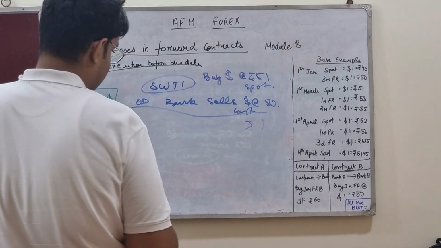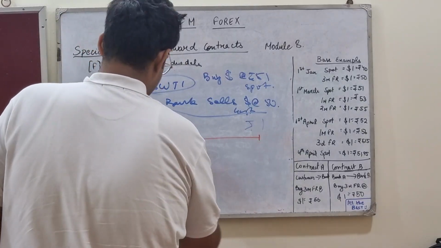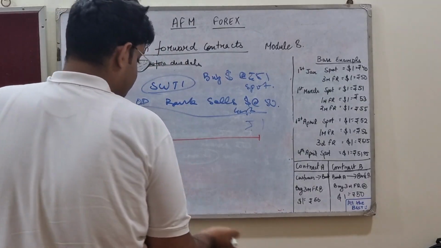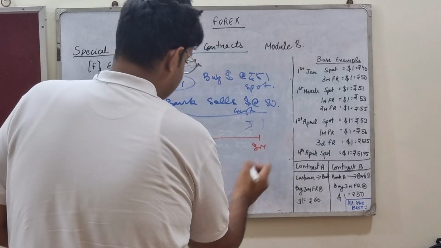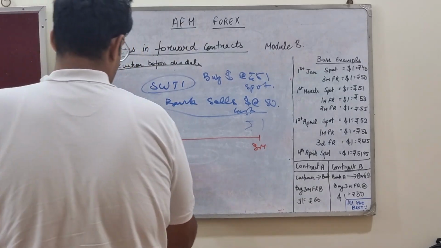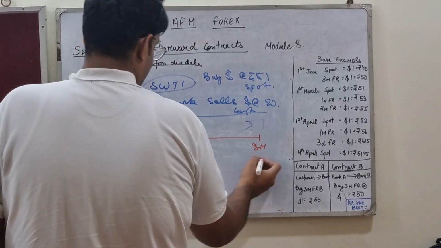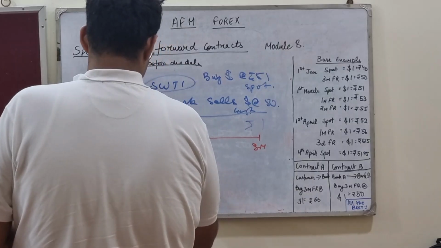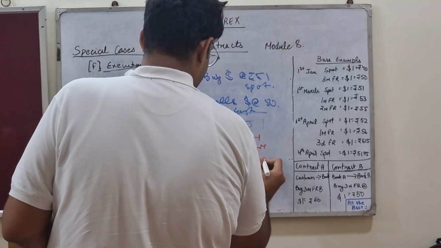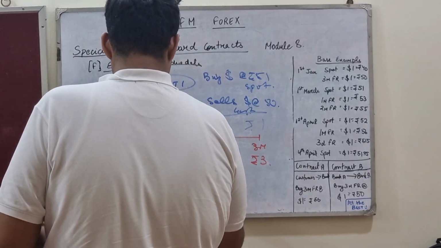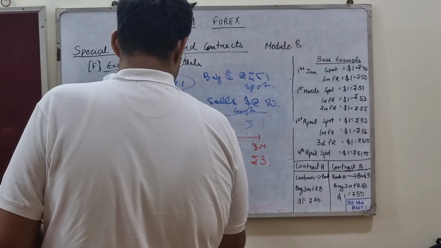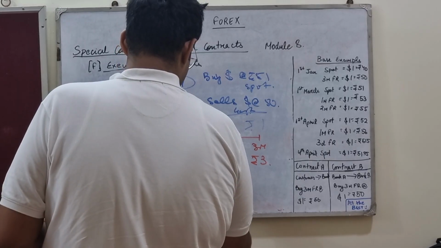Now let me have a timetable. This is 2nd month, which is 1st March. This is 3rd month, which is 1st April. Now the bank has a loss of rupees 1 and the customer has a profit of rupees 3. So overall that's a profit of rupees 2, right?